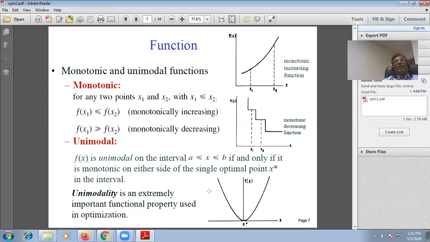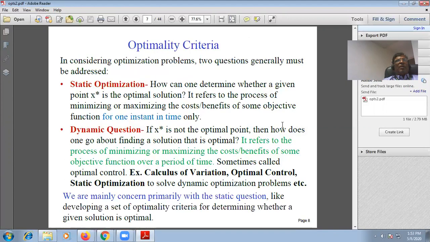Tonic means the tendency. Either it is increasing or it is decreasing. So monotonic, unimodal functions, see here this function is monotonic increasing. This is consequently increasing. And this is monotonic decreasing.